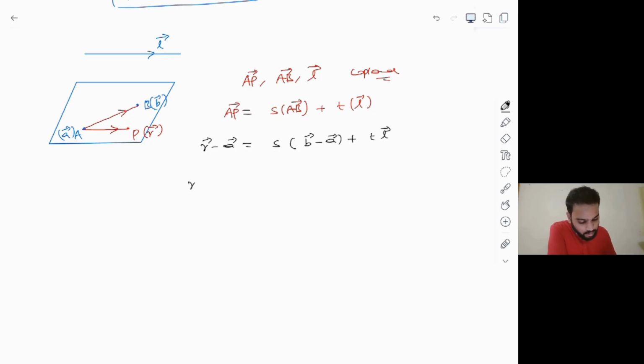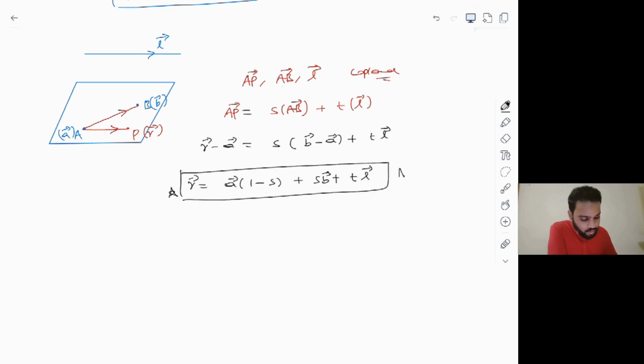So finally I can write this as R bar equals A bar multiplied by 1 minus S plus S into B bar plus T into L bar. So this is the vector equation of the plane in this case. So the idea here is to form three coplanar vectors every time.